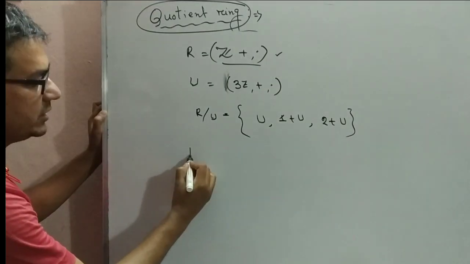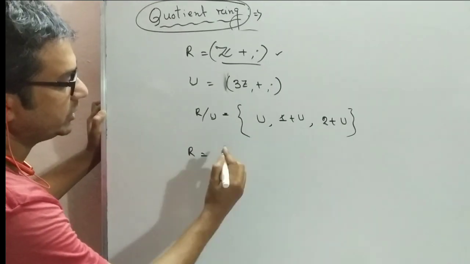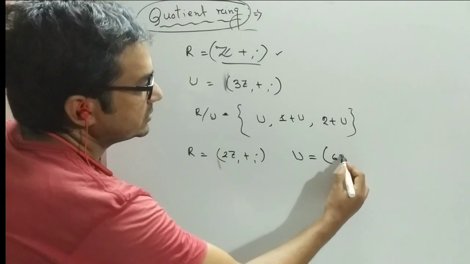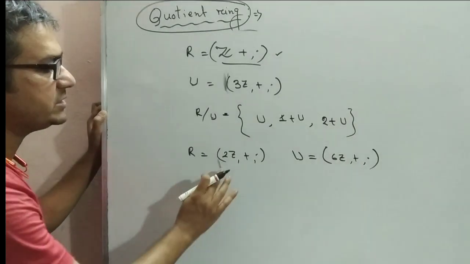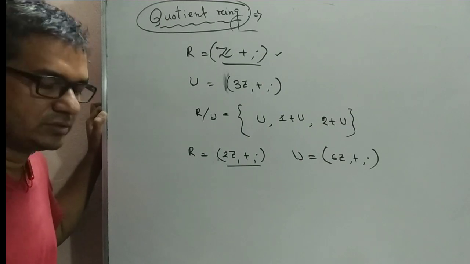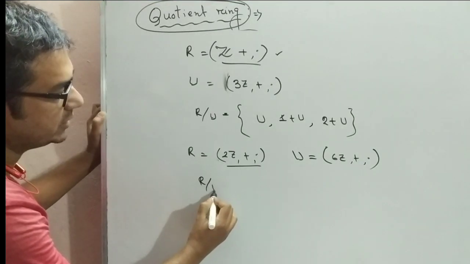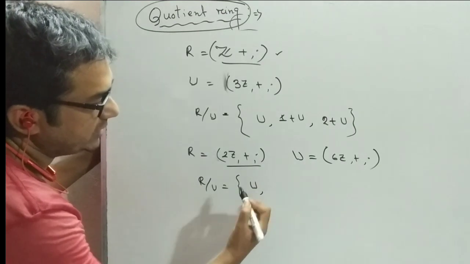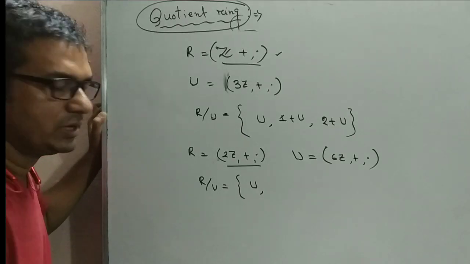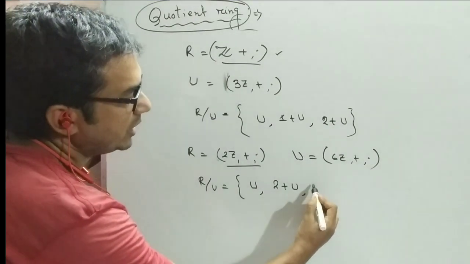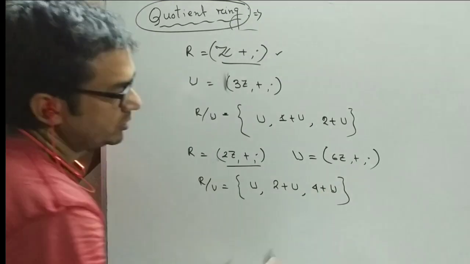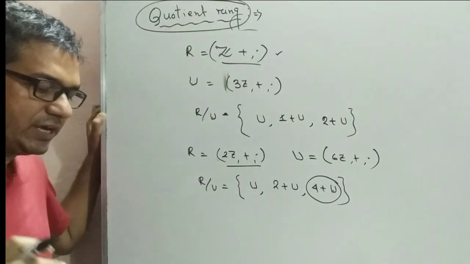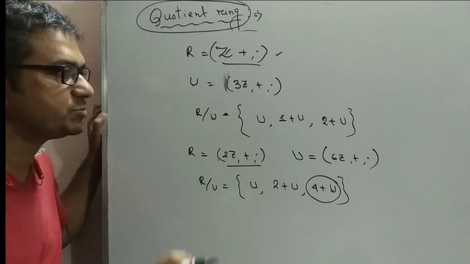And if we consider the ring (2Z, +, ·) and the ideal (6Z, +, ·), this ring does not contain unity, but it is commutative. The quotient ring contains the elements, obviously the first element is the 0 element U, the second element is 2 + U, and the third element is 4 + U. And here if we test, we see that 4 + U is the unity element with respect to dot.